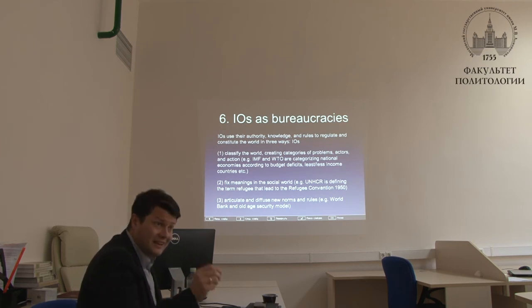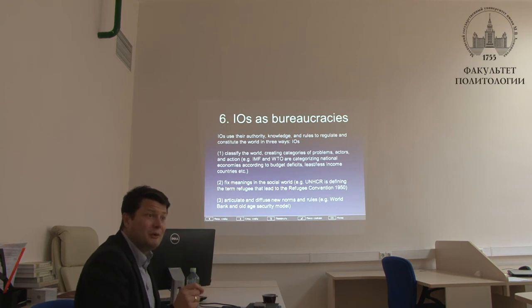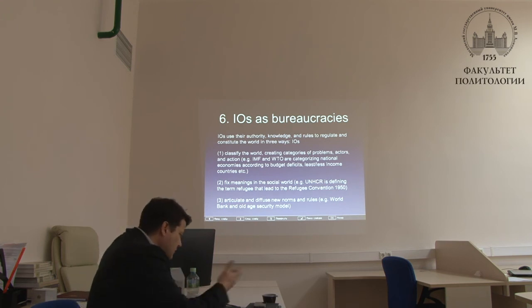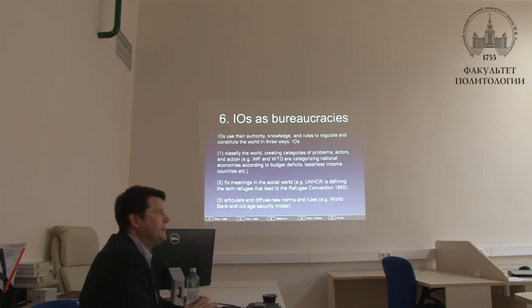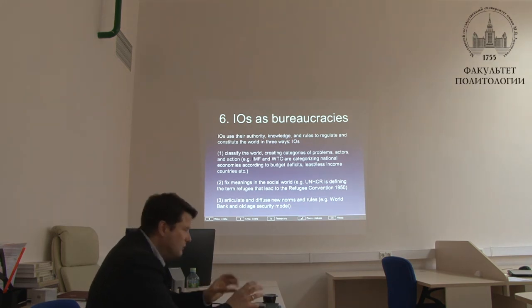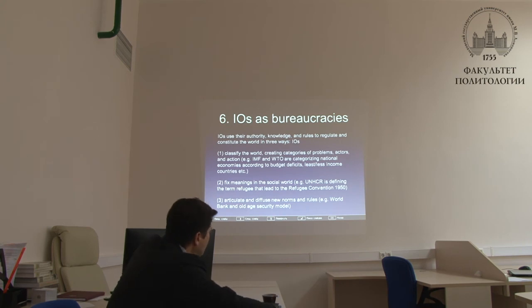And we tell you exactly how this old age security model should look like. Or the World Bank only gives money if the countries that are receiving the money do something against corruption in their own country. So these are the ways how new norms and rules can be articulated, diffused, and stabilized.